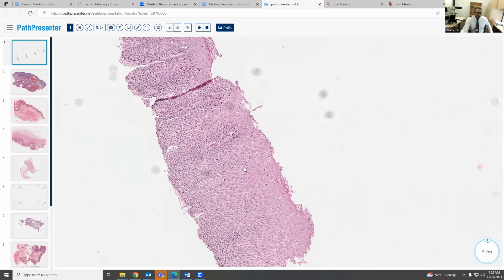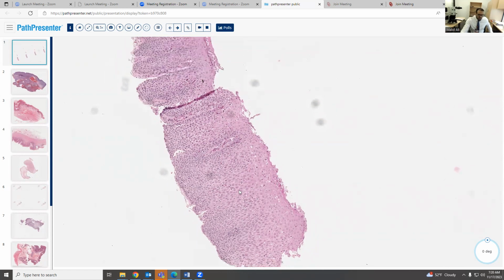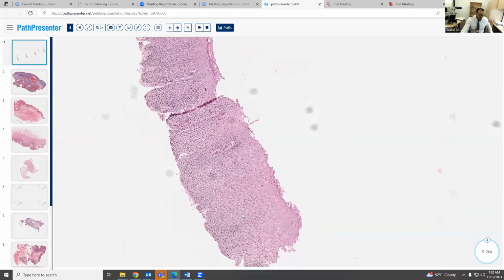GERD usually just appears at the lower segment of the esophagus.